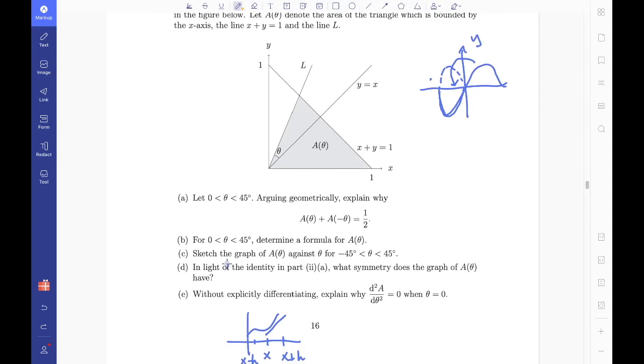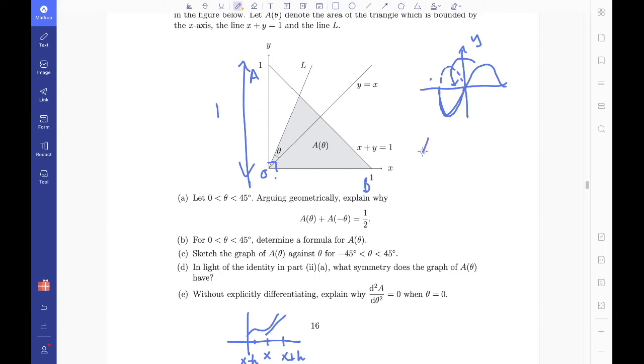Arguing geometrically, explain why A of theta plus A of minus theta equals 1/2. Okay, I can do that. So I think the half is going to come from the fact that the whole thing is a right angle triangle, and so that's a height of 1, and that's a base of 1. So the area of this whole right angle triangle, if I call this point A, this point B, I'd call it AOB.